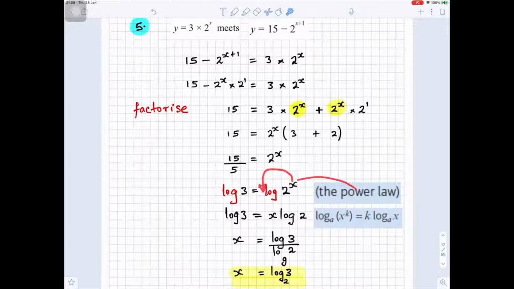So we take log 2 to the left, it becomes divided by log 2. So x equals log 3 divided by log 2, or log 3 to the base 2. That's how you get the value for x.